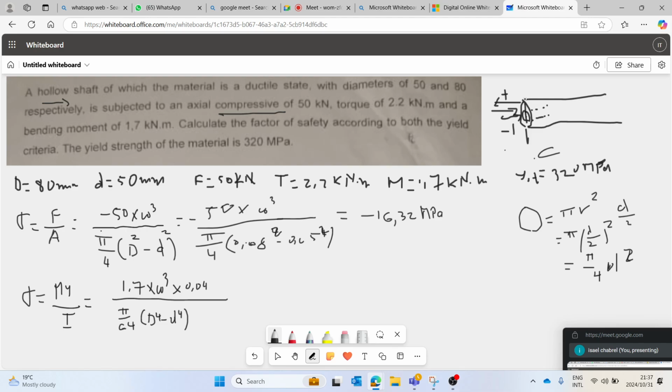Yes, Mr. Ice. Are you not making a mistake there for the y? Aren't you supposed to take 0,05, not even the radius, just 0,05 as it is? No, the y, I'm not making a mistake. Are you sure, Mr. Ice?